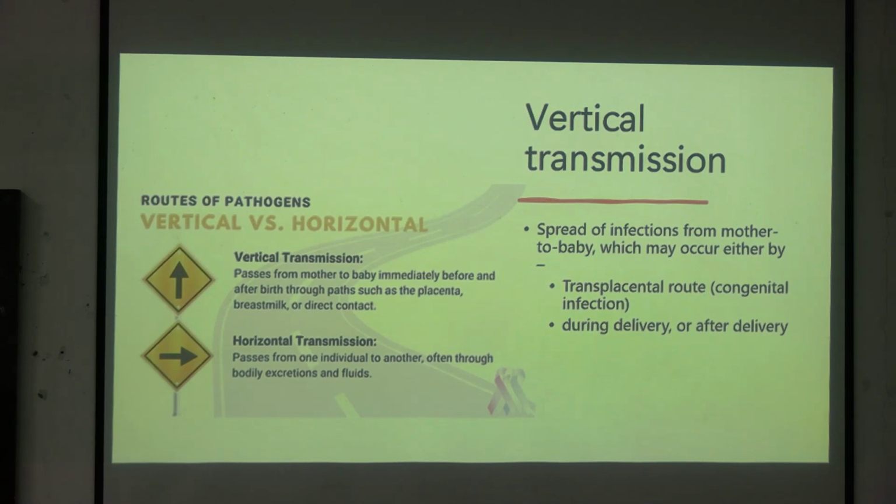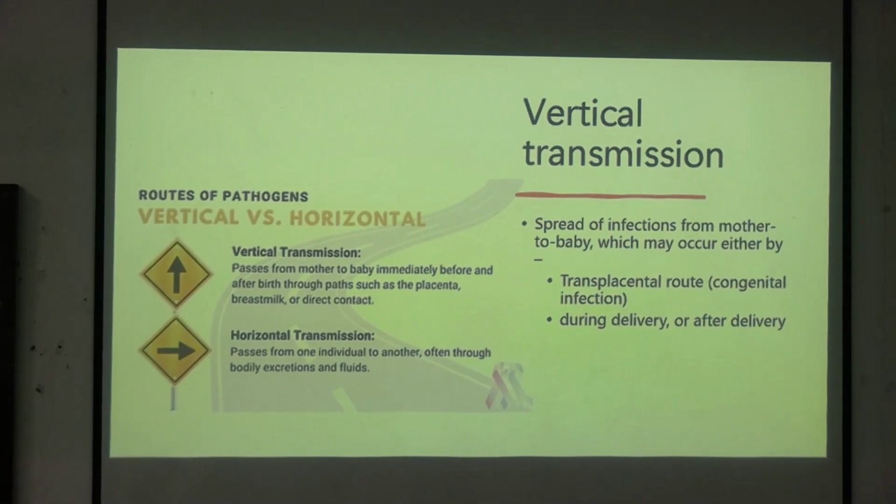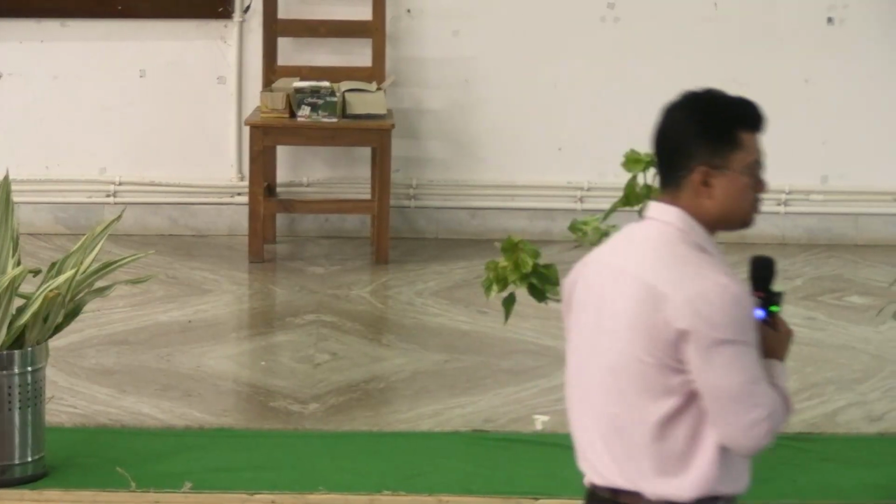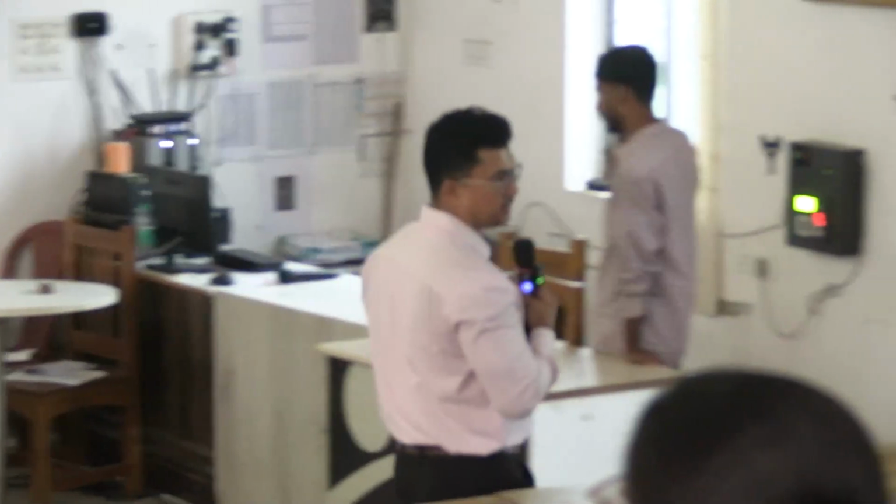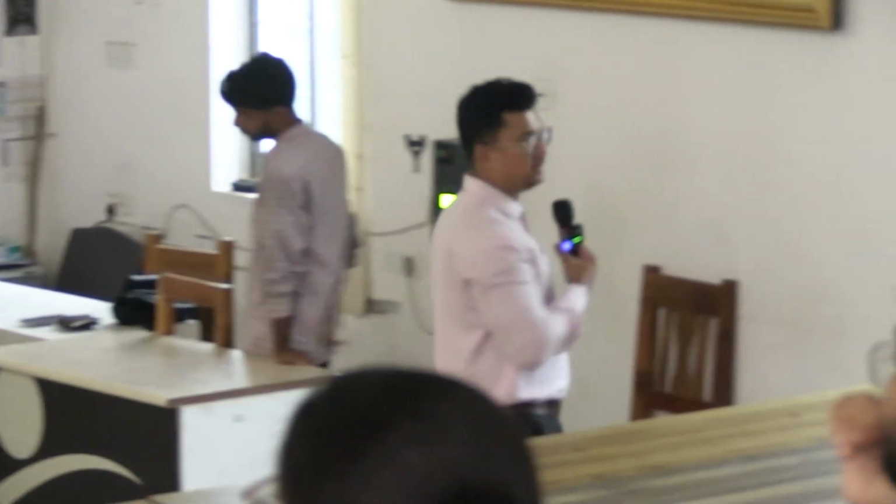But whenever you say that an infection has occurred to the fetus from the mother, then it is called vertical transmission. Vertical transmission happens in many ways. First, the infection can be in utero, which we call congenital infection.